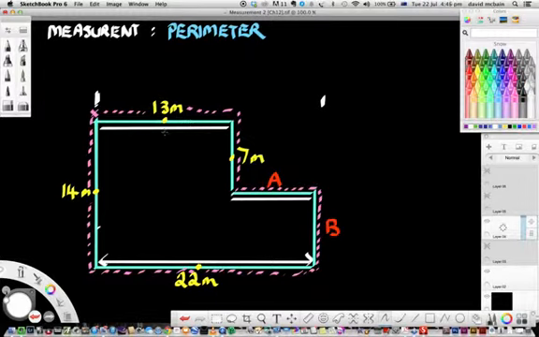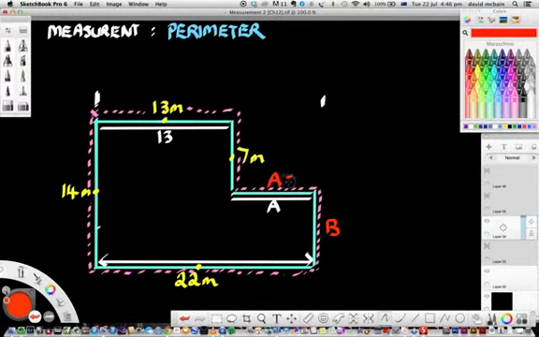So this side here, which we know is 13, plus this side here, which is A, must add up to 22. So that means that A, 13 plus something is 22, so that missing amount must be 9. So that distance A is 9 metres.